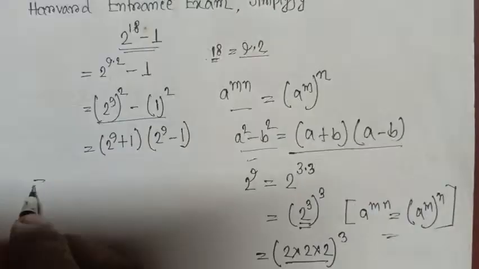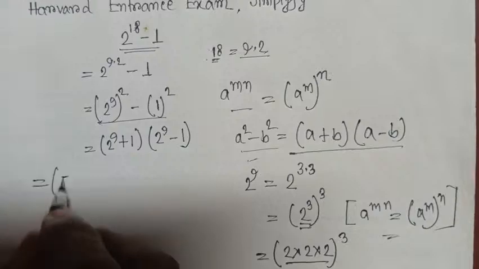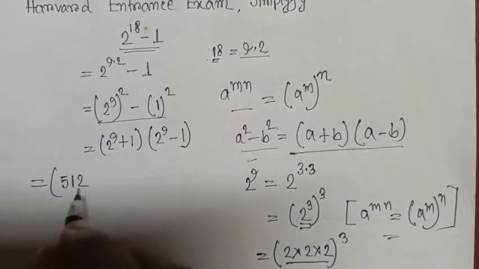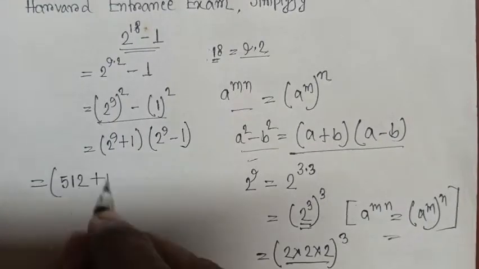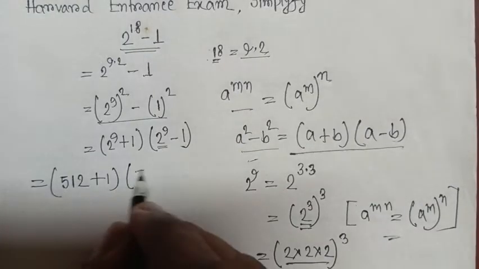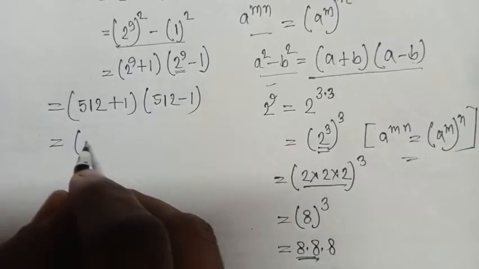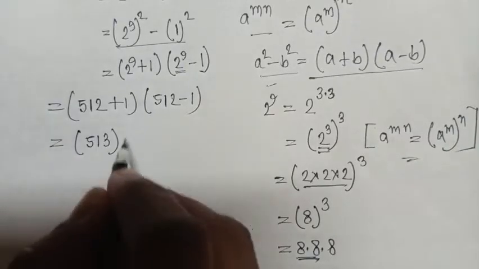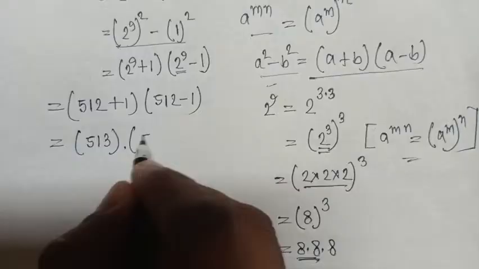So here we are going to put that value: 2 to the power 9 plus 1 is 512 plus 1, and 2 to the power 9 minus 1 will be 512 minus 1.